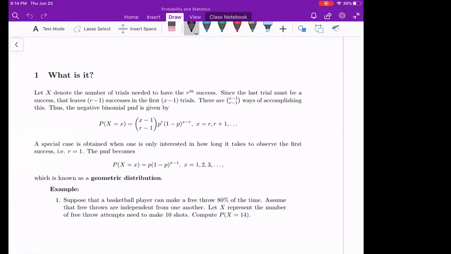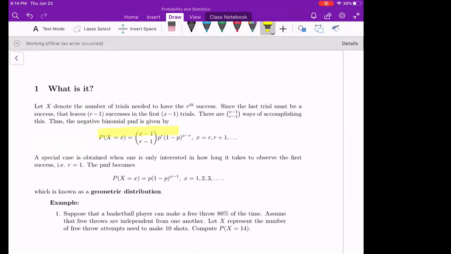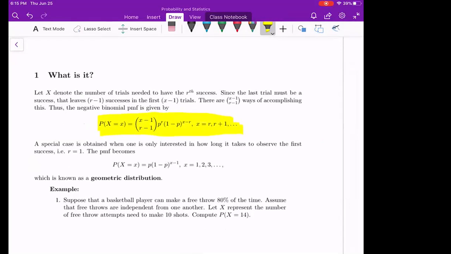Right, so the negative binomial distribution is going to have a form that looks like the binomial distribution. There is similarity. And here's your PMF. So it looks similar in the sense that you have a combination times a p to a power times the equivalent of a q to some other power.